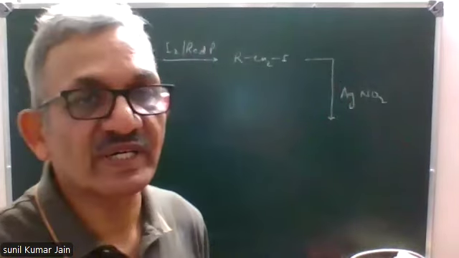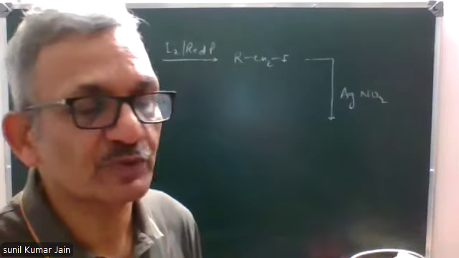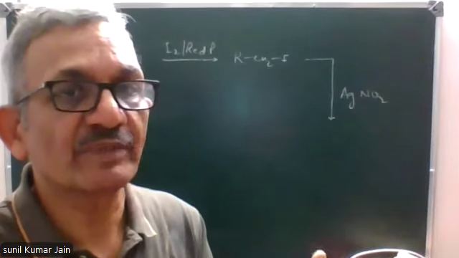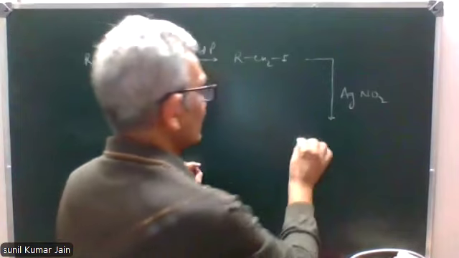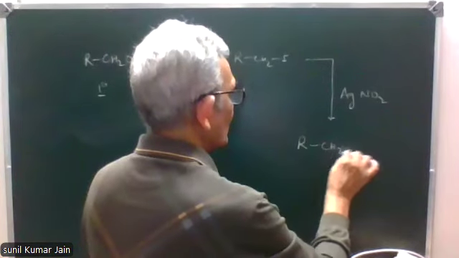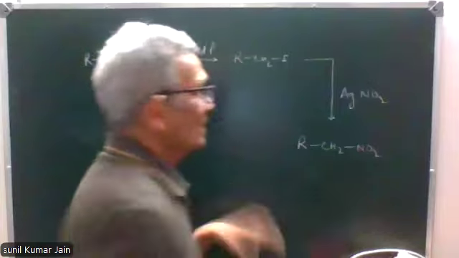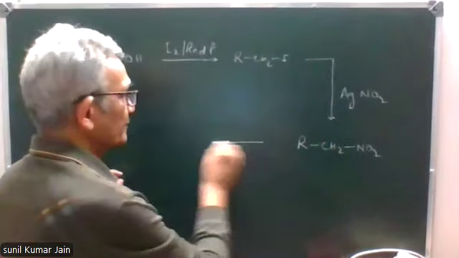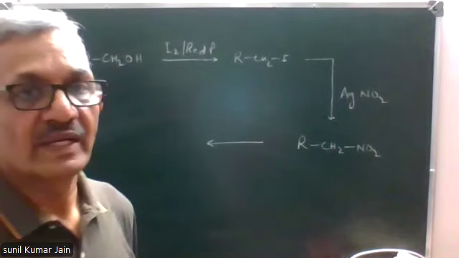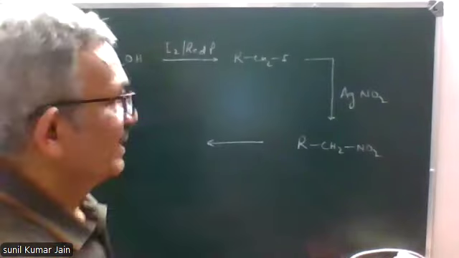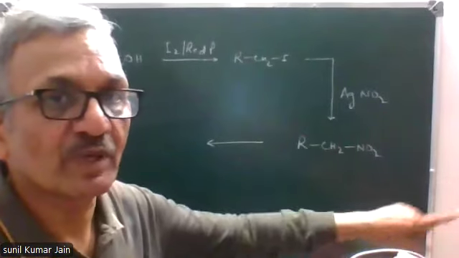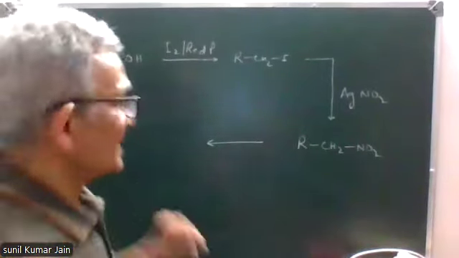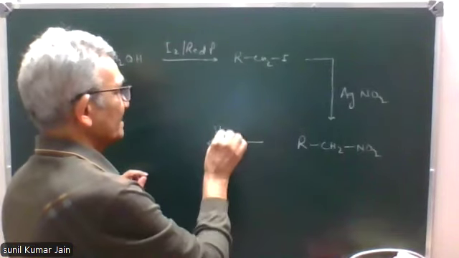Even this reaction you have studied, this is nucleophilic substitution reaction, and this will lead to the formation of nitro product. Plus AgX, which I have not written. Now, last step. This nitro product is then reacted with nitrous acid.